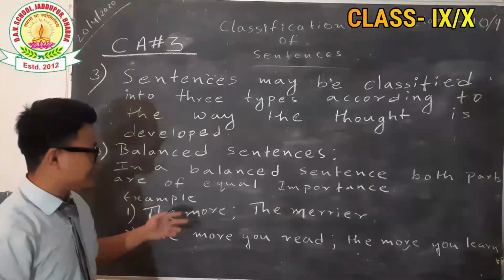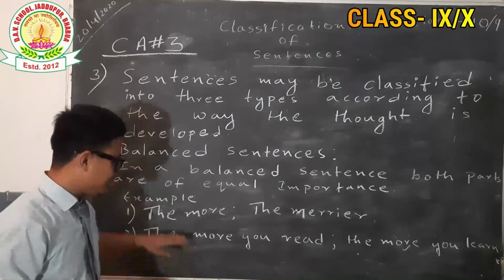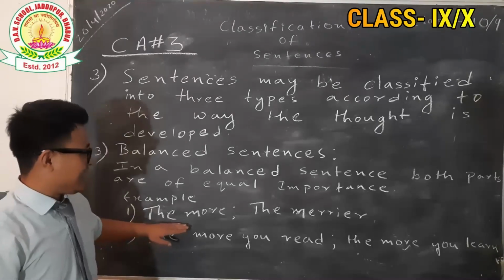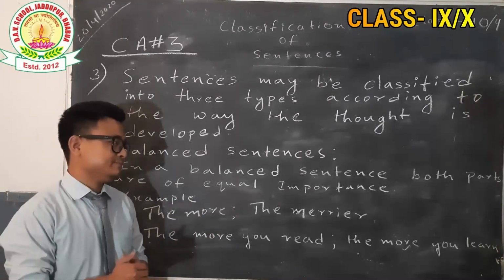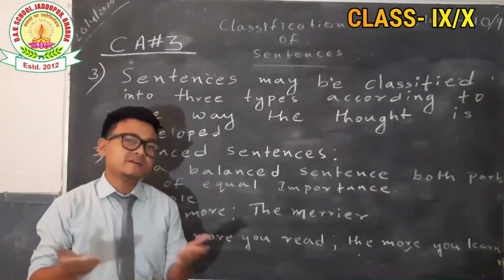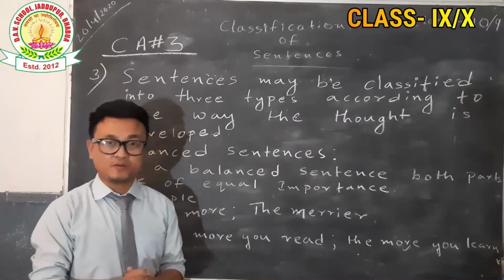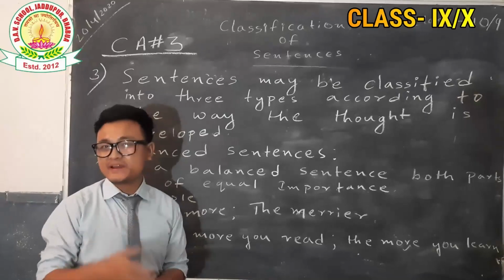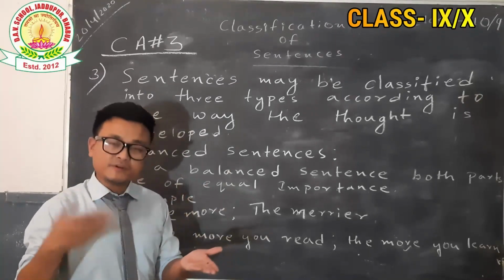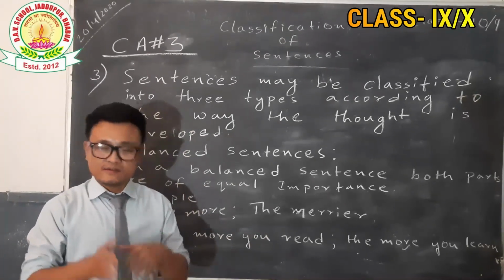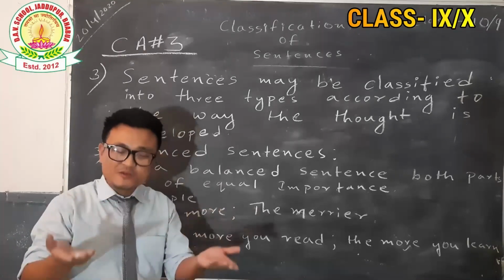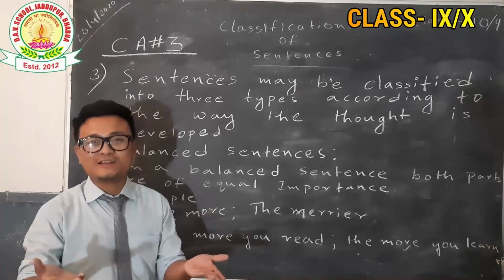Now, let's see some examples of balanced sentences. In number one, we have "The more, the merrier." How is it a balanced sentence? Maybe you have some question arising in your mind, but let me explain it. The more, the merrier means the more you have, the happier you will be.